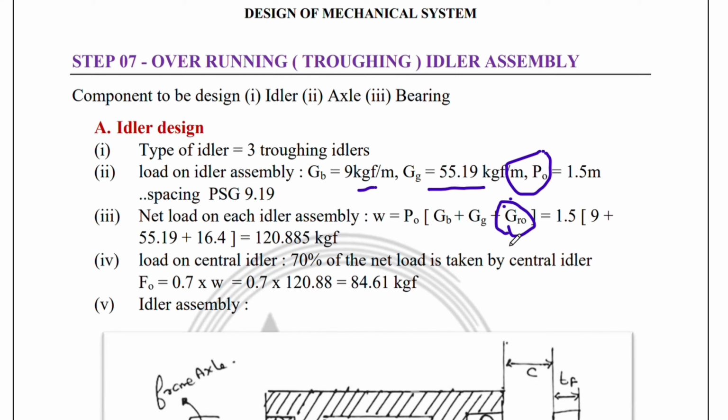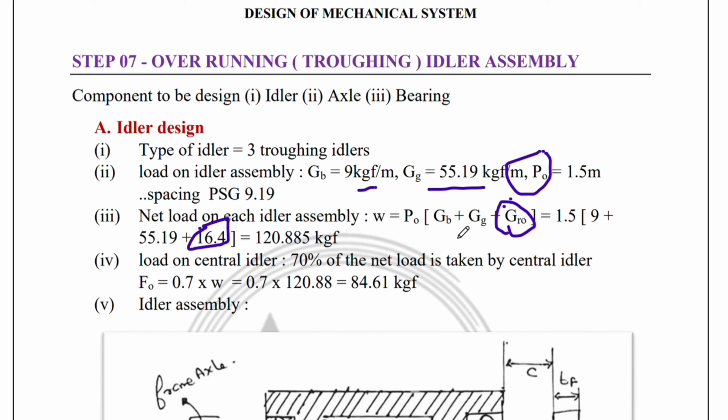GRO indicates the top running, or overrunning, value. So GRO will be 16.4.